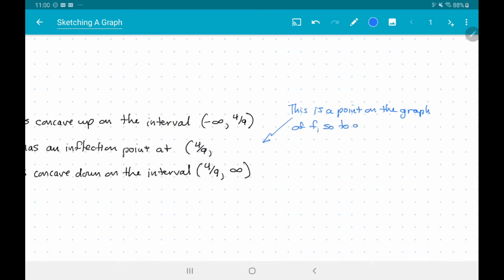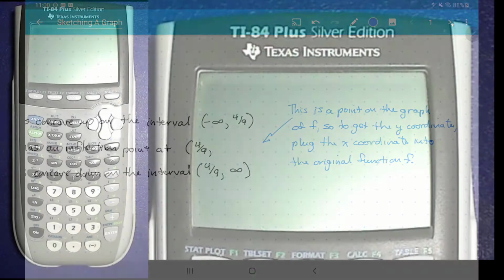So to get the y-coordinate, plug the x-coordinate into the original function f.